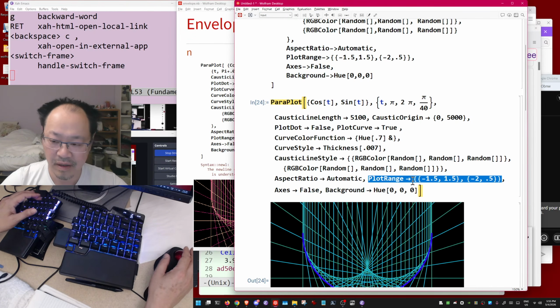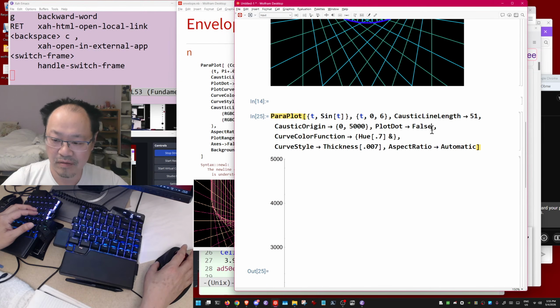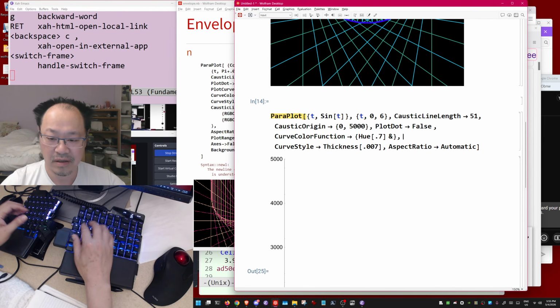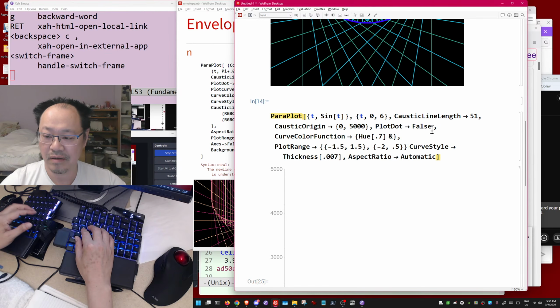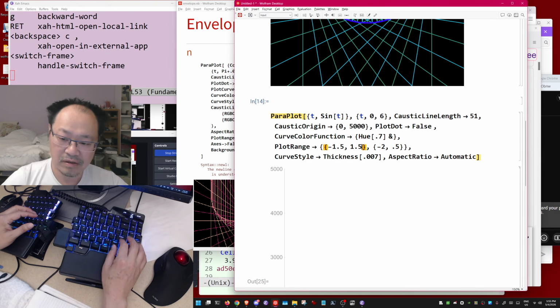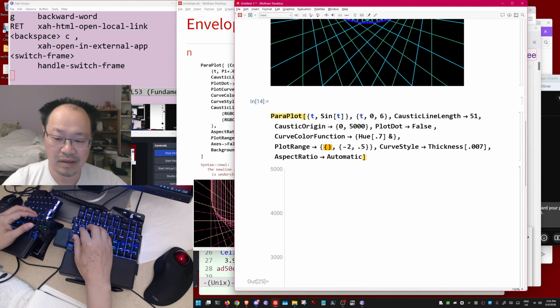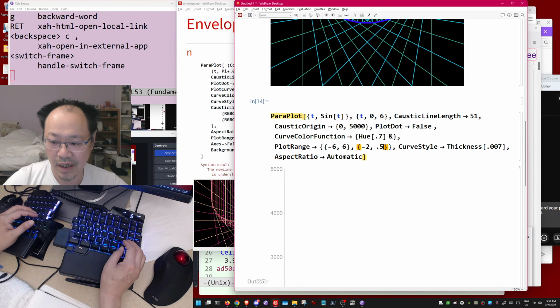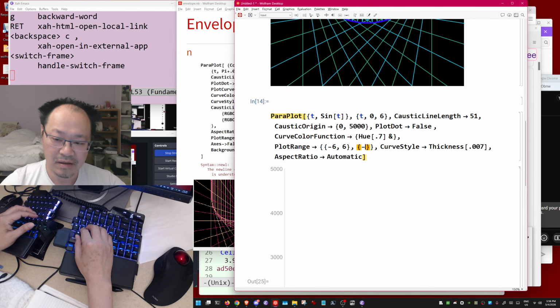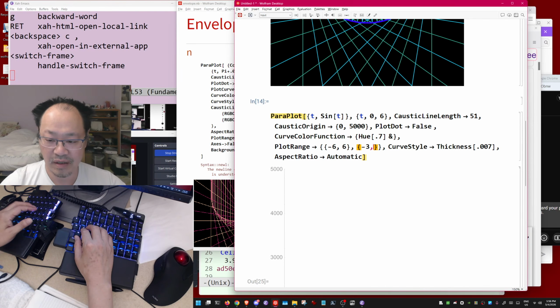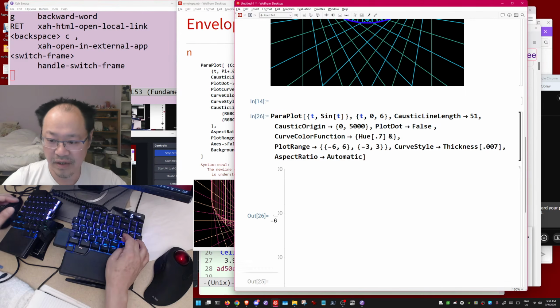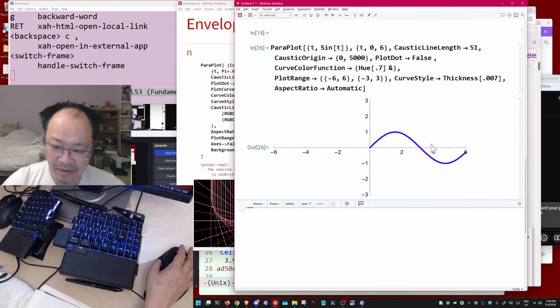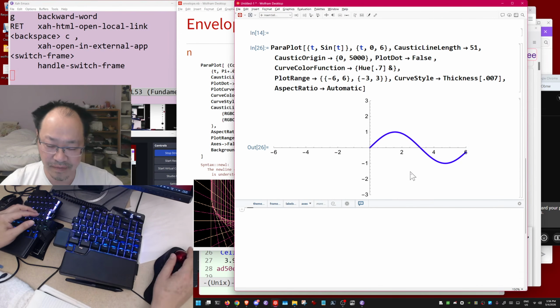Okay, so you want a plot range here. Paste. Okay, plot range, let's say -6 to 6 for x. And y, let's say -3 to 3. Okay, shift enter. Fantastic and beautiful. So we started to see that.